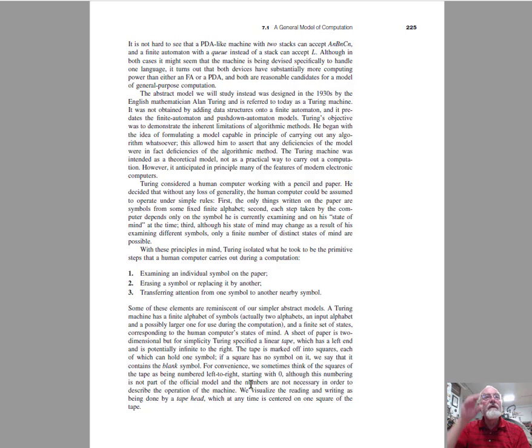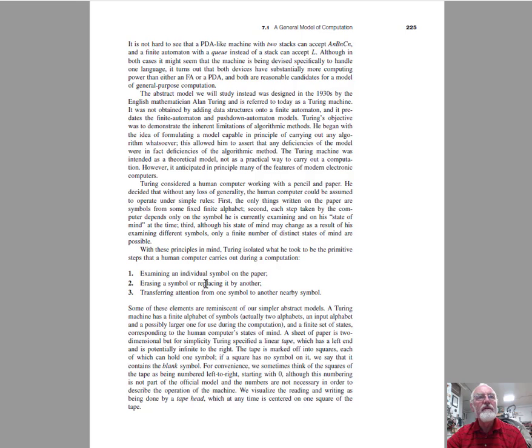Alan Turing was a brilliant human being who helped this world in a hundred different ways, but among them was that he considered the concept of what a general model of computation might be. He did this in part by imagining a human sitting there with a pencil and paper trying to figure out some problem. And what can this human do? He came up with three rules.